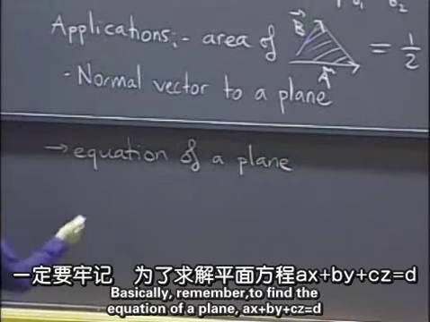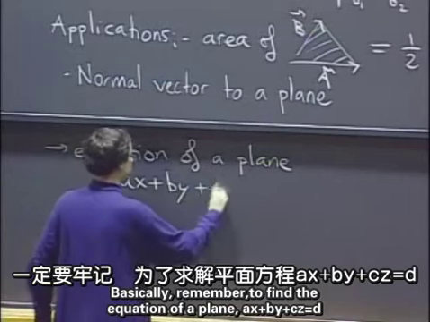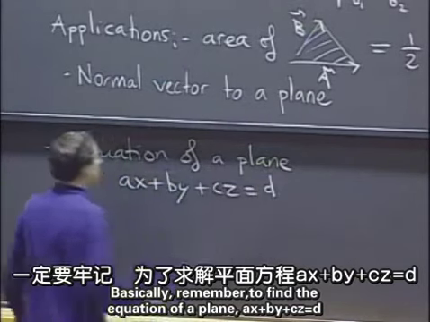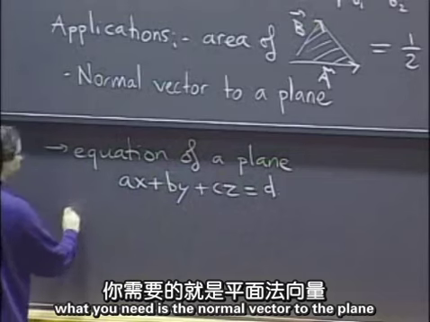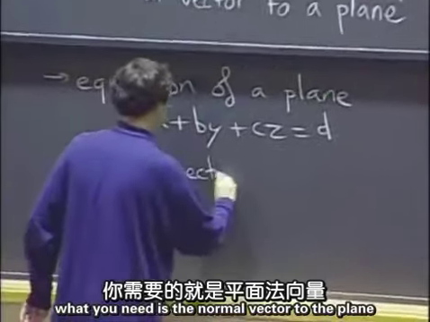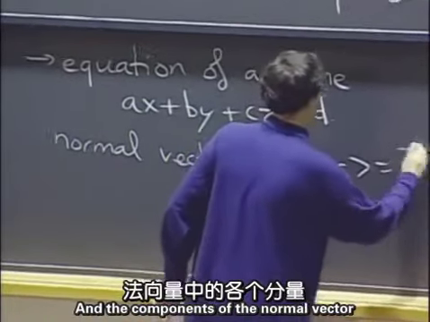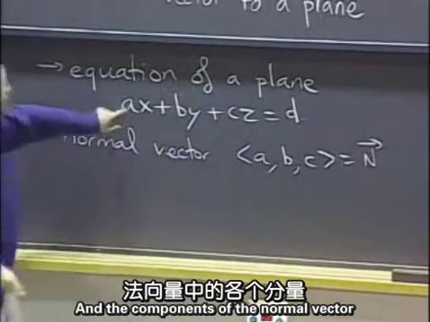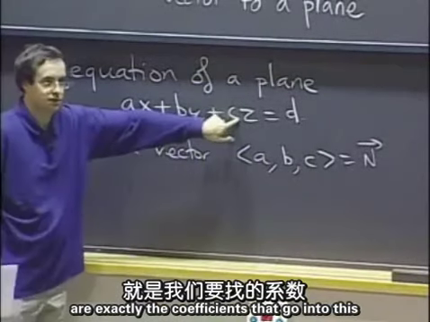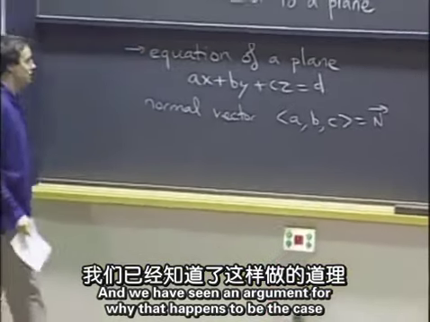So basically, remember, to find the equation of a plane, ax plus by plus cz equals d, what you need is the normal vector to the plane, and the components of the normal vector are exactly the coefficients that go into this. And we've seen an argument for why that happens to be the case.